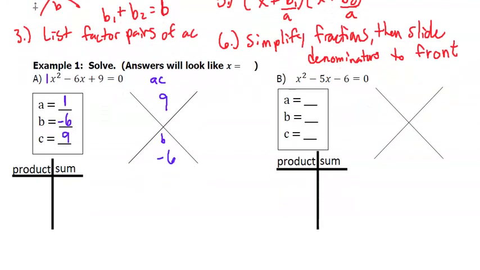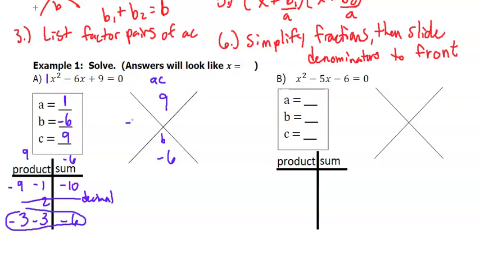We're going to write out the products of 9. So 1 and 9, 2, which is a decimal, and then 3 times 3. Now this is negative, so both of your numbers are going to be negative here. So we have negative 10 for our sum here, and negative 6. It's going to be the second factor pair that works.